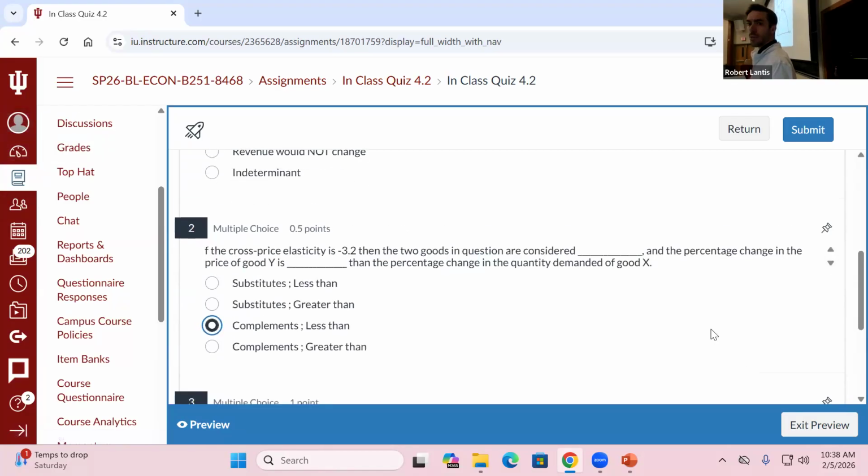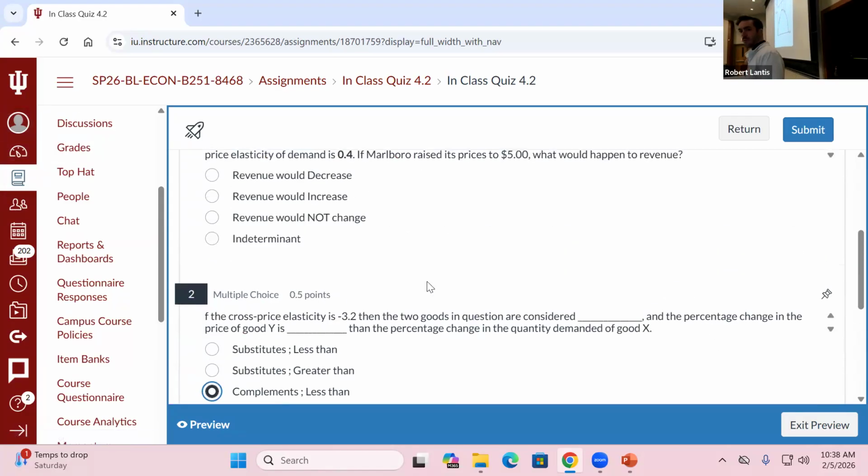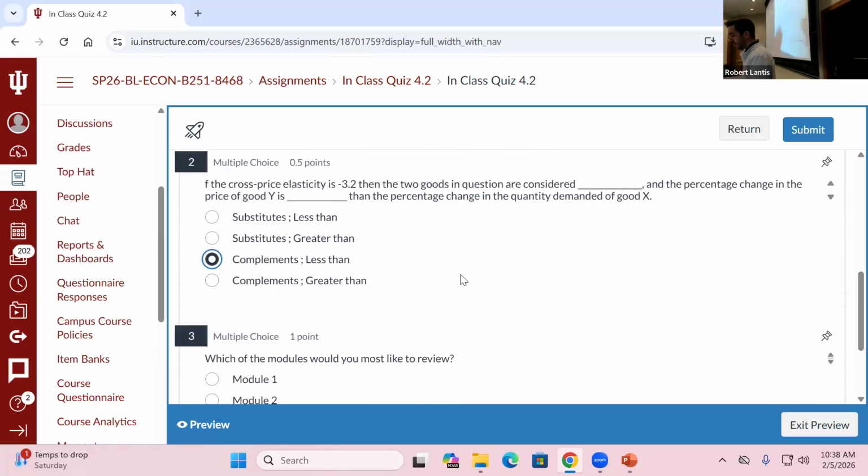Okay. Now I think for the second one, I told you I'm looking at a cross price elasticity, and it's equal to negative 3.2. Now you could go back to the notes on what we just talked about and say, well, I know that it's negative.